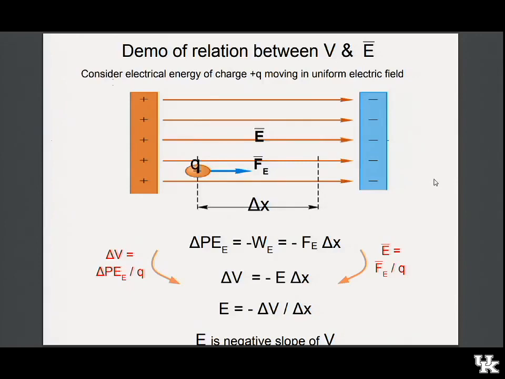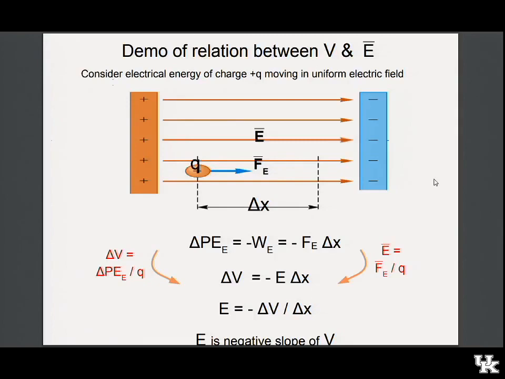Now, on the left-hand side, I'm plugging in the definition of the electrical potential. Remember, we defined it in terms of the change in electrical potential energy on some sort of charge. And on the right-hand side, I'm plugging in the definition of the electrical field. Remember, we define the electrical field in terms of the force on a charge and the amount of charge.